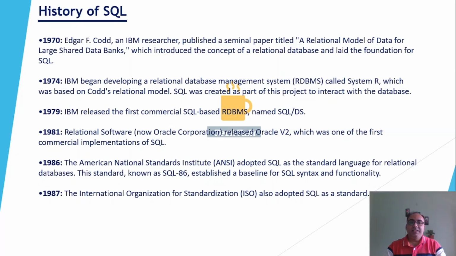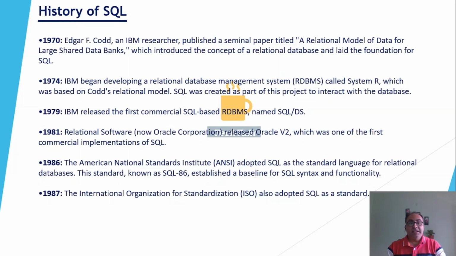Then in 1974, IBM started developing a relational database management system considering Codd's relational model. SQL was developed as a part of that project. In 1979, IBM released the first commercial version of SQL.